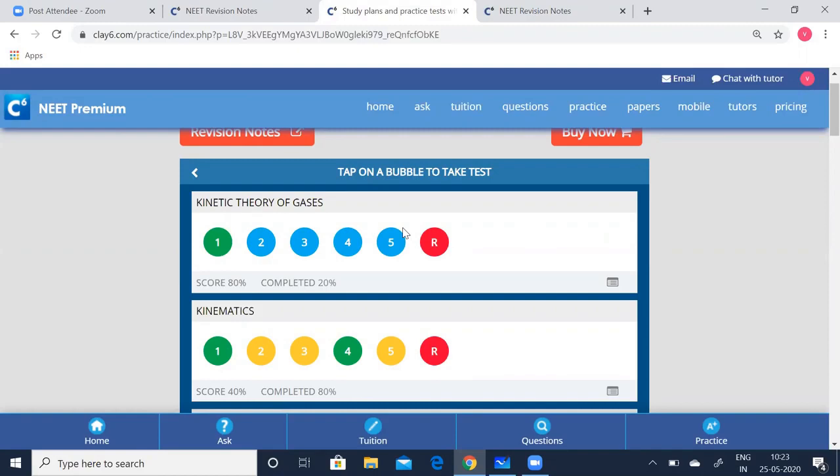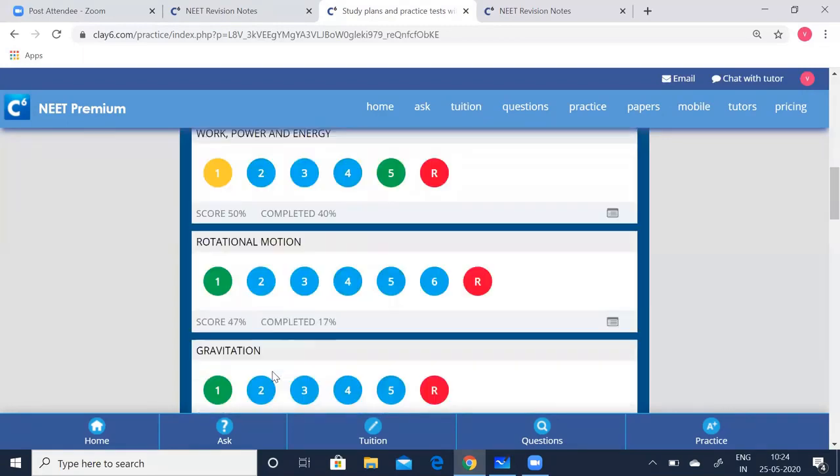The blue bubble says that you have not taken the test yet. The green one says you have already attempted it, but even then you can take it any number of times. If you're not satisfied with the results, maybe you're not thorough with the concepts, so go through them once again and then take the test any number of times. Red is the random test, and yellow says you have an incomplete test.